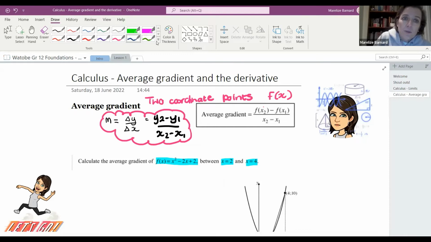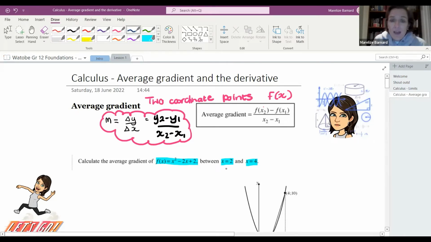So that's what we're going to have to do next. If we have the x's, we need the y's. To get the y's, we will need to sub in each of these x values. I'm going to start with x equal to 2 and sub that into our function so that we can determine the corresponding y value.